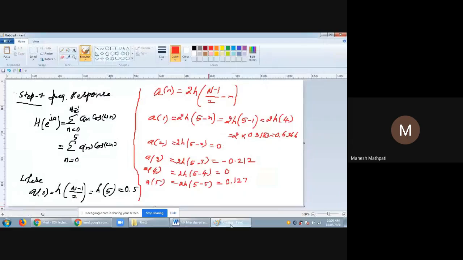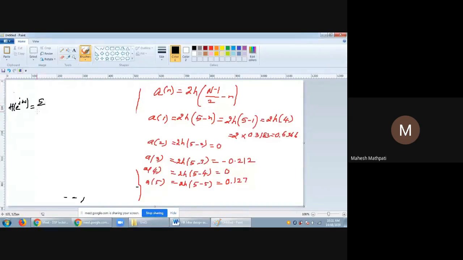Now again, what is expected here is we want to calculate the value of this. What is the formula we are having? The formula is h of e power j omega equals summation n equals 0 to 5 of a of n cos omega n.